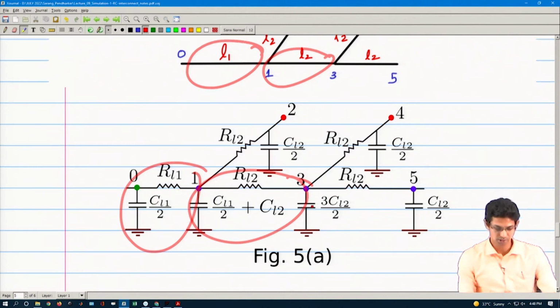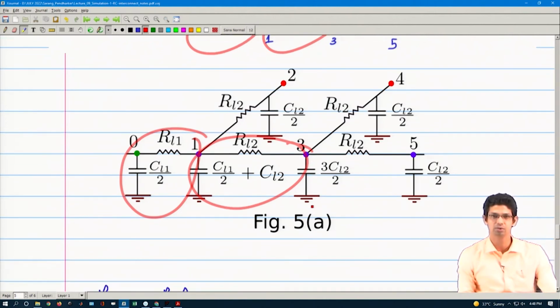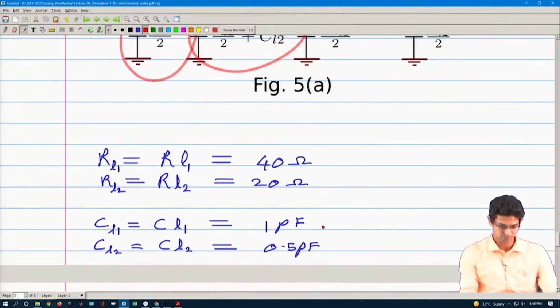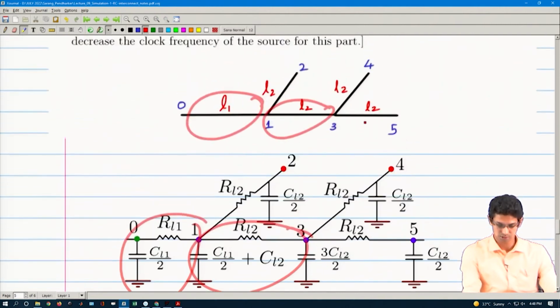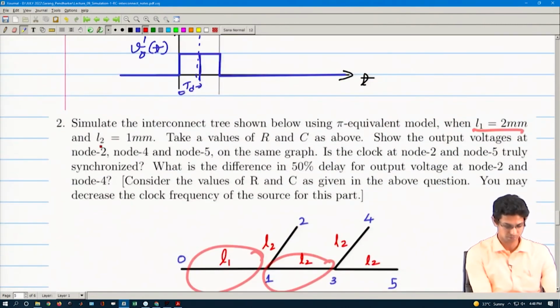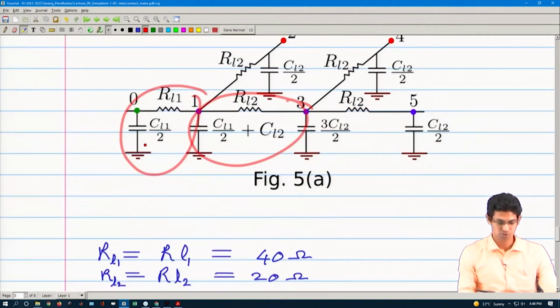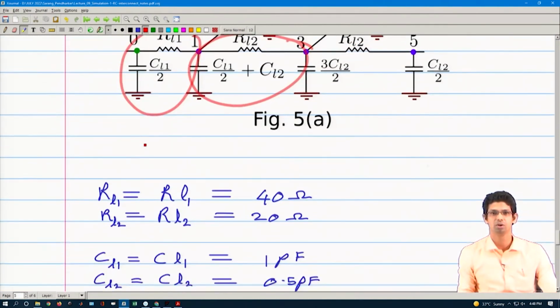So, you will get something like this. You can calculate the values, and these values are also mentioned here. This is for L1 is 2 mm and L2 is 1 mm. Here now the delay is going to be more, so you may have to change or increase the clock period.